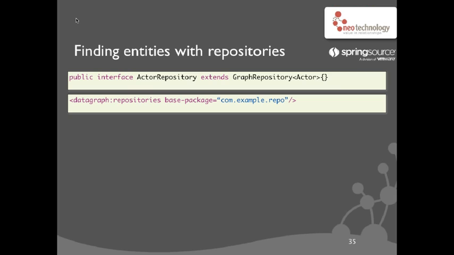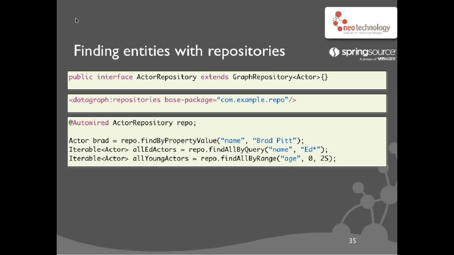In order to get repository support, you want to configure the repositories to point to the base package where the repositories reside, and it's com.example.repo in this case. After that, super simple. You autowire in your actor repository, and then you can do find by property value. Look for any actor which has the name Brad Pitt, which I guess in my example so far will give you 0, because I think we set the name to Brad in this example.